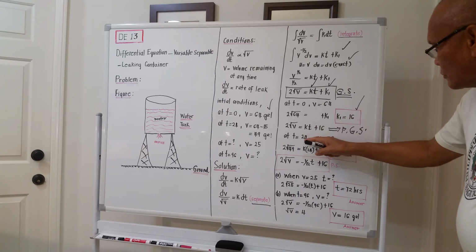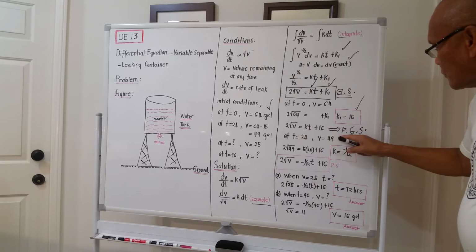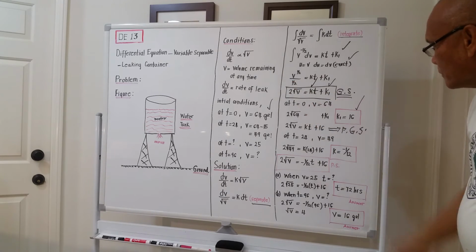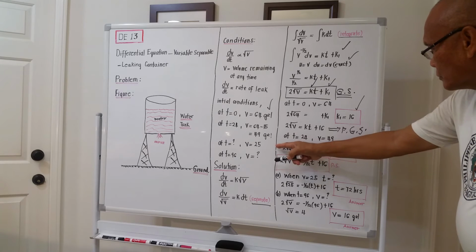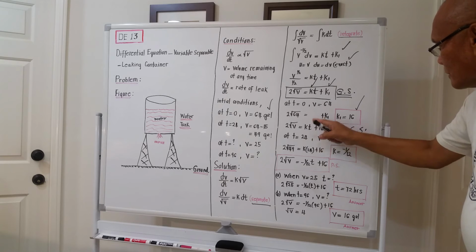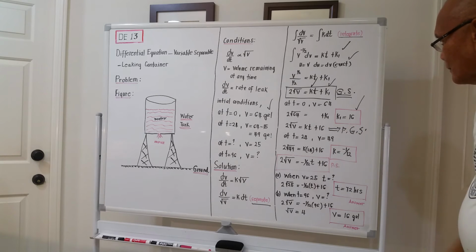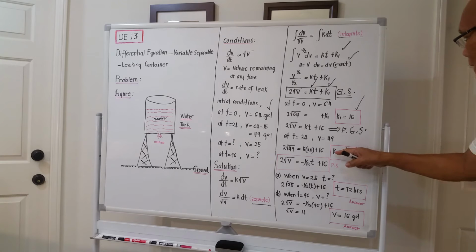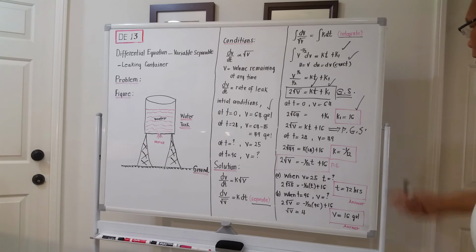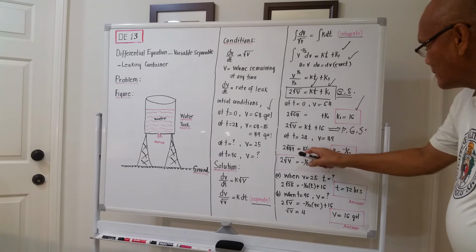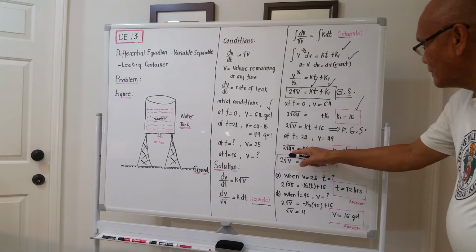At time t equal to 24 hours, volume is 49. So we go back here, we substitute values. This should be 2 the square root of 49 equal to k times 24 plus 16. If you try to simplify this one, the value of k is negative 1/12. Why 1/12? 2 times 7 will be 14.